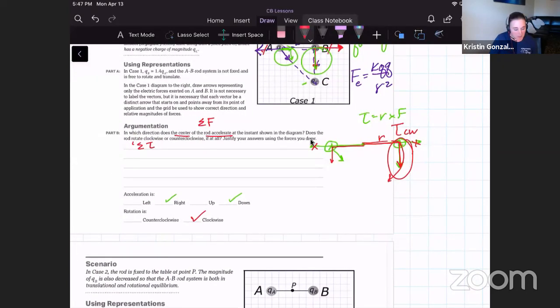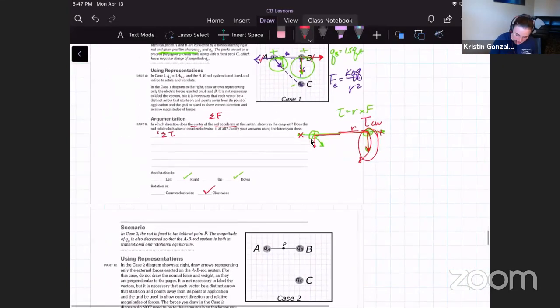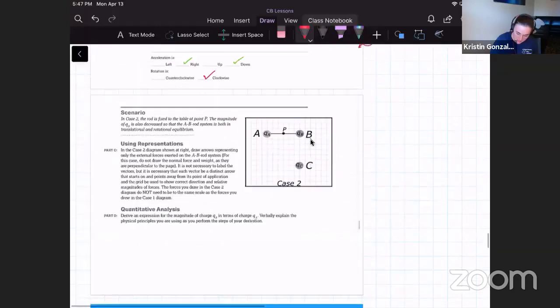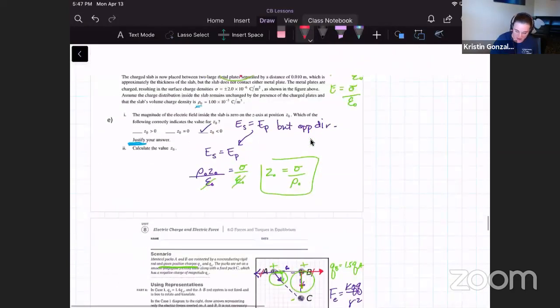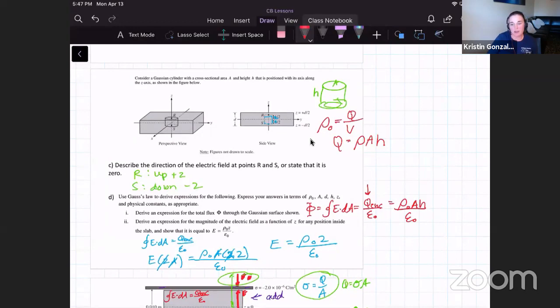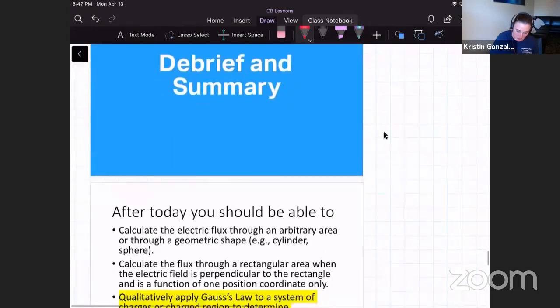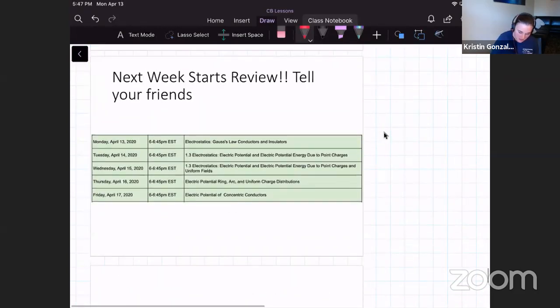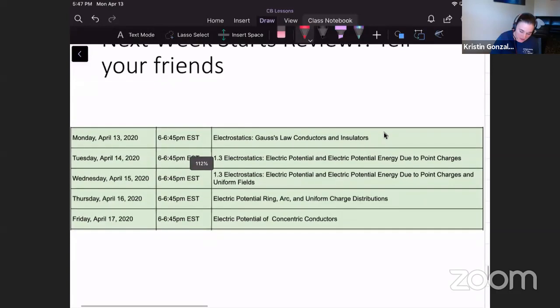Okay, so we're going to stop there today. And if we have time, sometime we may come back and do the second half of that. But hopefully tonight helped concrete some of those questions you had with Gauss's law. And I did have on here what we are doing the rest of the week. Yep, here we go. So here's our schedule for the rest of the week.